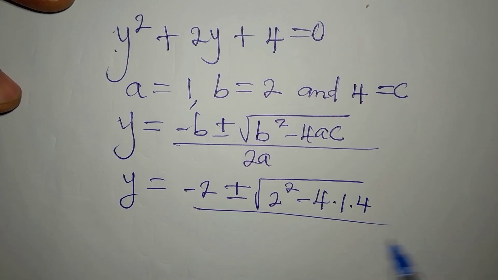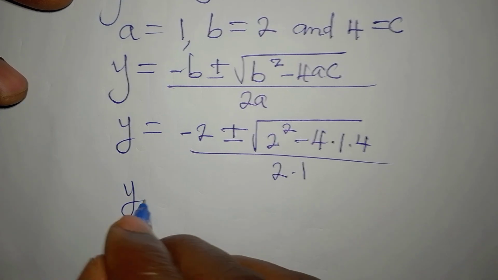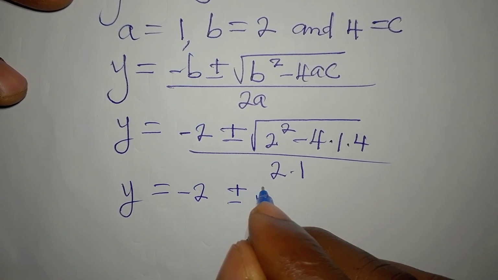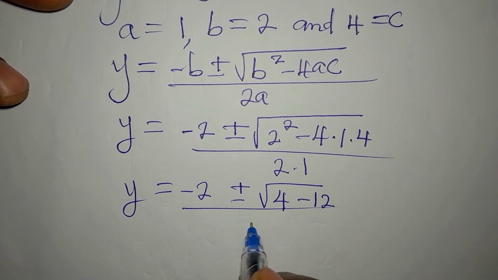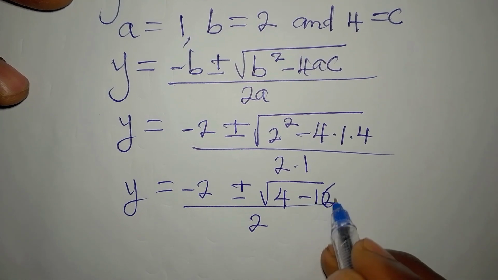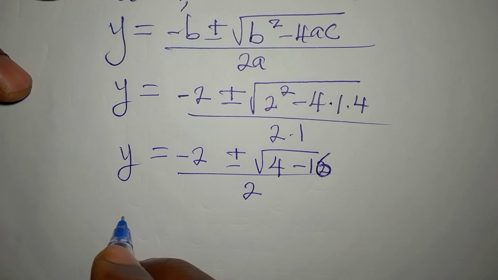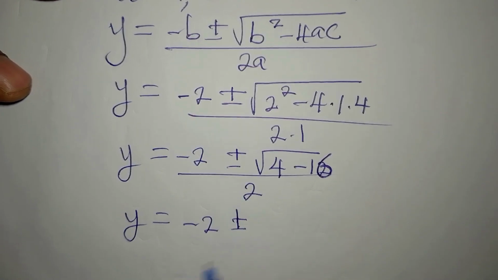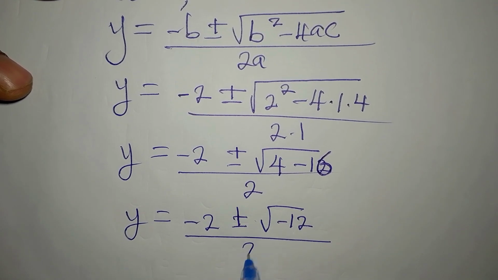So all of this divided by 2 times 1. y is minus 2 plus or minus square root of 4 minus 16, because 4 times 1 times 4 is 16. Then we divide by 2. y will now be minus 2 plus or minus square root of negative 12 over 2.